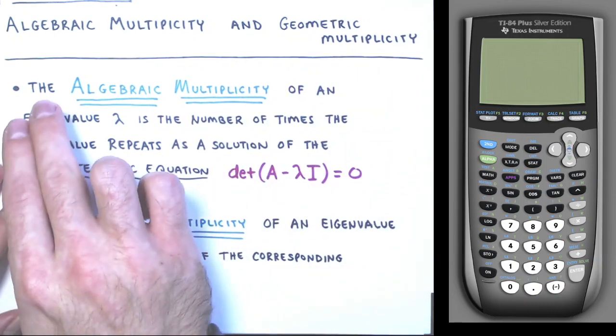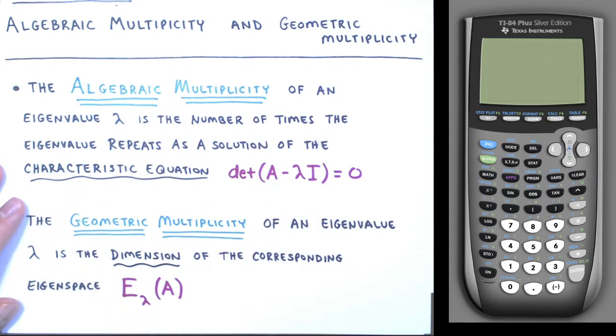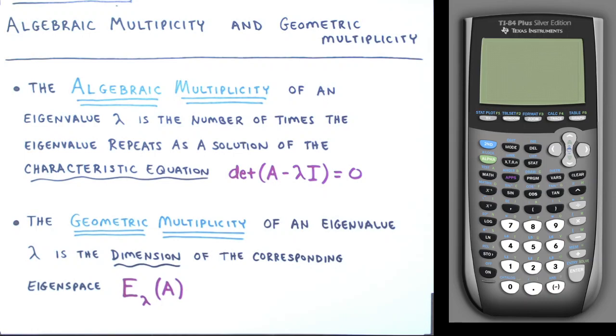Now the algebraic multiplicity is kind of like, if you go back to algebra class or pre-calculus, you probably discussed at some point the multiplicity of a zero of a polynomial, the multiplicity of a root of a polynomial, and that was just the number of times that zero repeated as a solution, or a root of that polynomial.